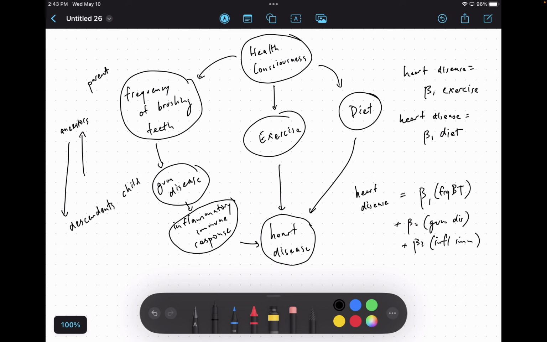There's no second and third part. These are all correlated with each other, so you probably don't need to have these unless you think there are some other arrows going into here. So heart disease is beta multiplied by inflammatory, no other two variables.